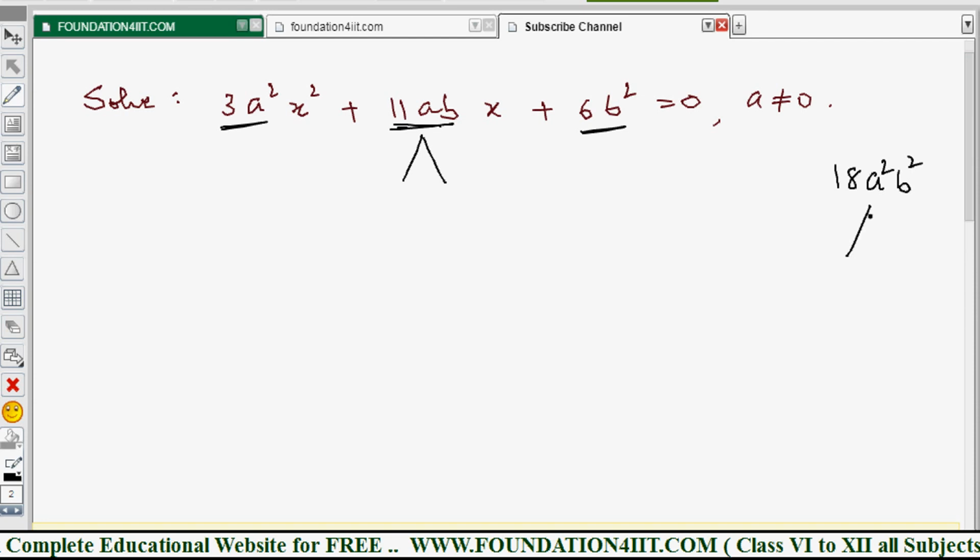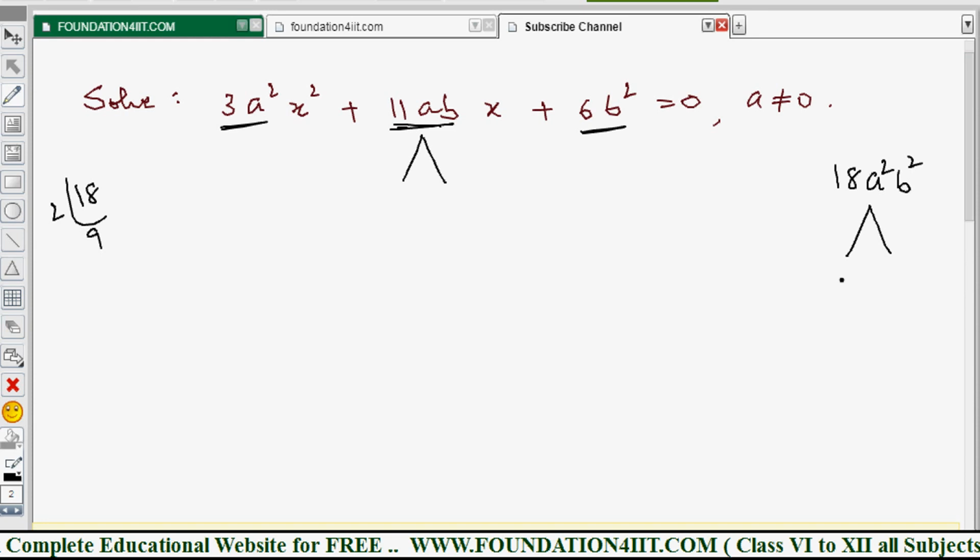Now make this into two terms: if you multiply, you should get 18a square b square, and if you add, 11ab should come. So first verify the number 18. 18 means first 2 nines are 18. Check now, 2 and 9, if you add, 11 is coming, so no need to take further factorization.